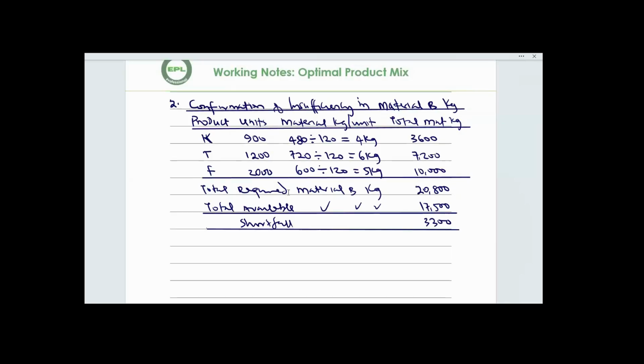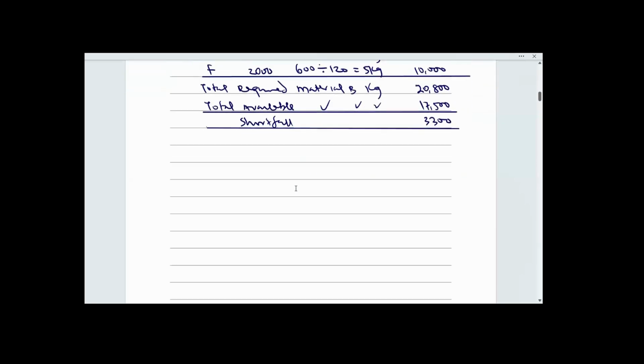So now that we have confirmed this, we then move to the next step, which is to calculate. Of course, there is no minimum allocation here. So the next thing we want to do is to determine contribution per unit.